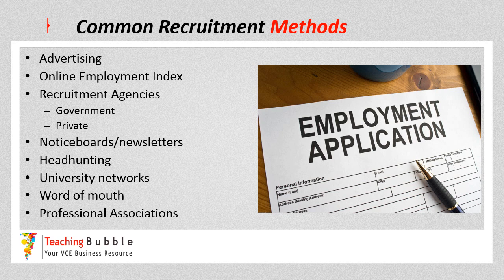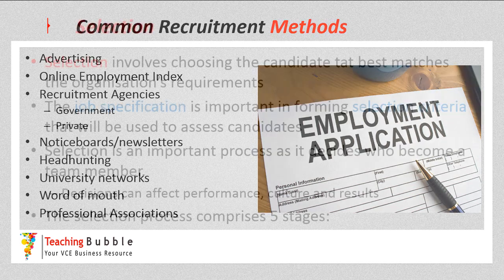Word of mouth, simply using your networks through word of mouth, and then professional associations. Each industry or profession often has an association linked to it to try and improve the profession, and those associations can often help with recruitment, getting a pool of applicants together for you.